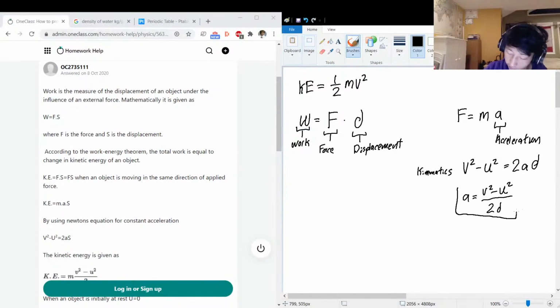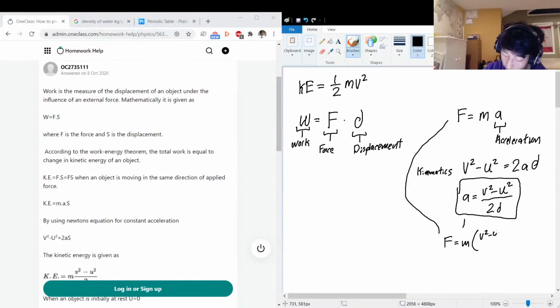Okay? Now let's put that equation into F equals MA. F equals M times V squared minus U squared over 2D, because that's A.